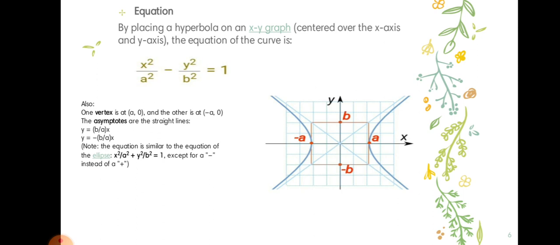The asymptotes are the straight lines y equals b over a x, or y equals negative b over a x. Note, the equation is similar to the equation of the ellipse, which is x squared over a squared plus y squared over b squared equals 1, except for a negative instead of a positive.